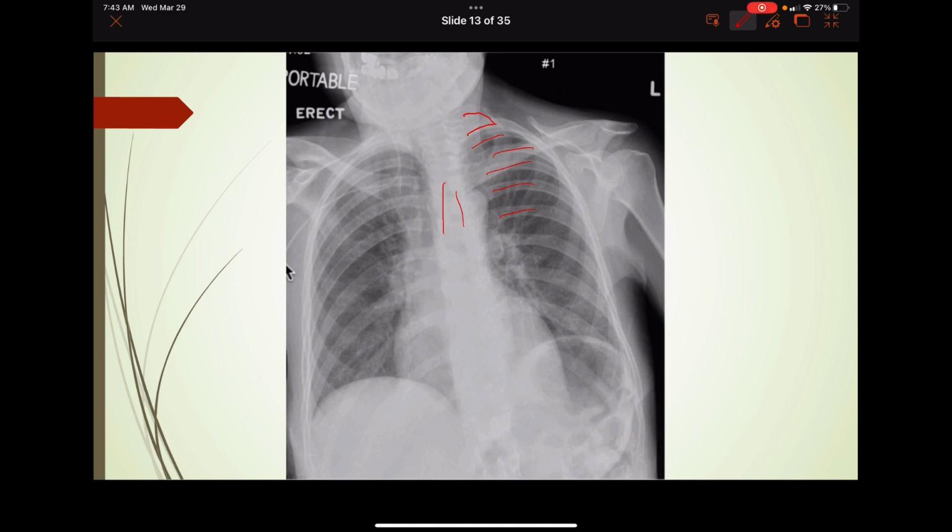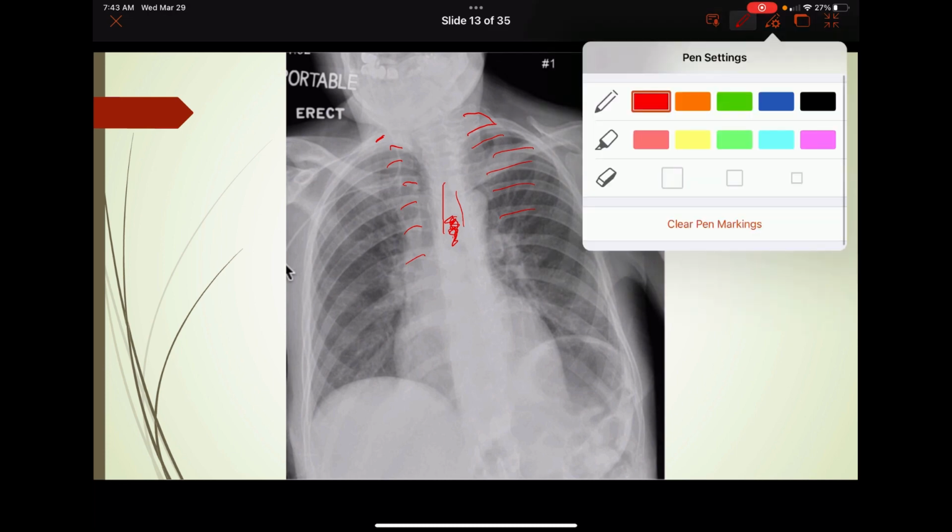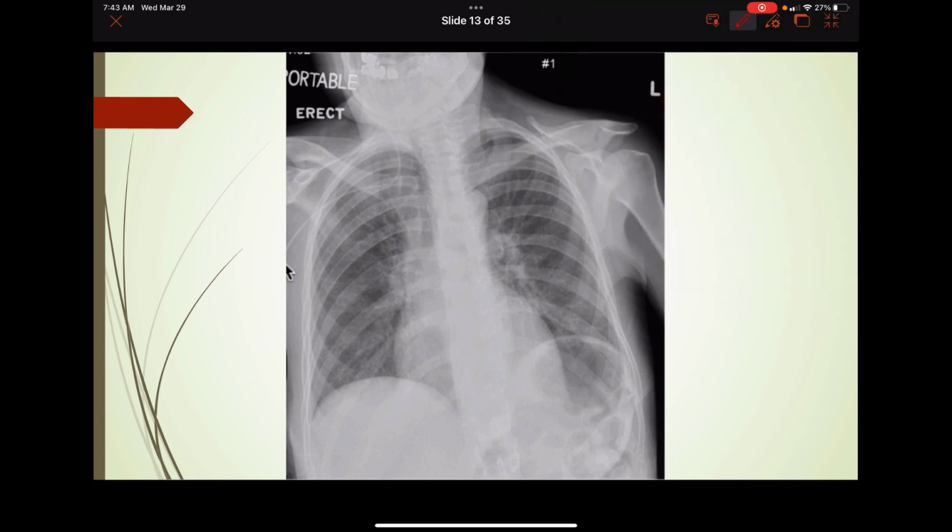Let's try it again. So it looks like here's first rib. Looks like second, third, fourth, fifth, sixth, seventh. Yeah, so the carina should be somewhere in this area, although it's going to be a moot point anyway in this particular case.